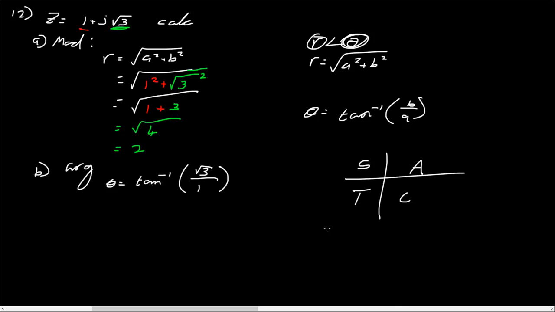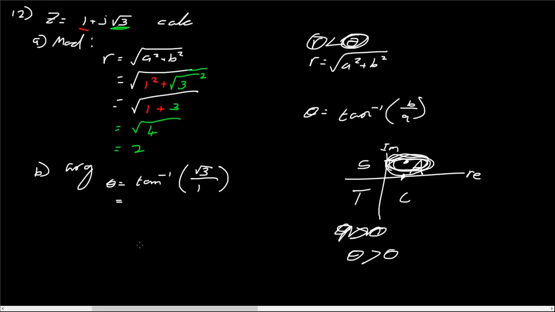And what quadrant are we in here? If we look at our Cartesian plane, we've got real and imaginary parts. So the real part is 1, which is somewhere here, and root 3 is somewhere here, so it points there. So we are in the first quadrant, and in the first quadrant, all trig functions are positive. So we know that theta is going to be positive. Theta is greater than 0.